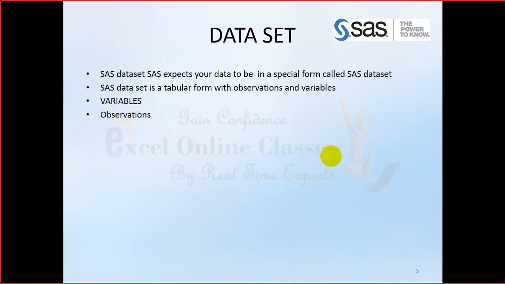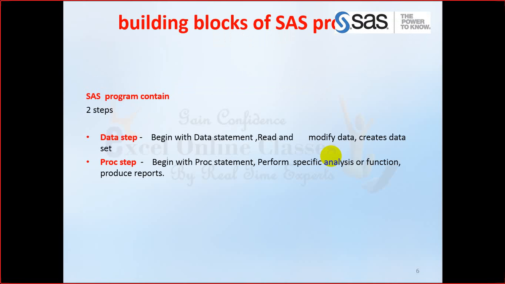I told you variables are columns and observations are rows. And a SAS program contains two steps, the data step and the procedure step. The data step begins with the data statement, and it can read and modify the data and it creates a data set. I'll show you that. And the proc step begins with the proc statement and it performs a specific analysis function, mainly for reporting purposes.